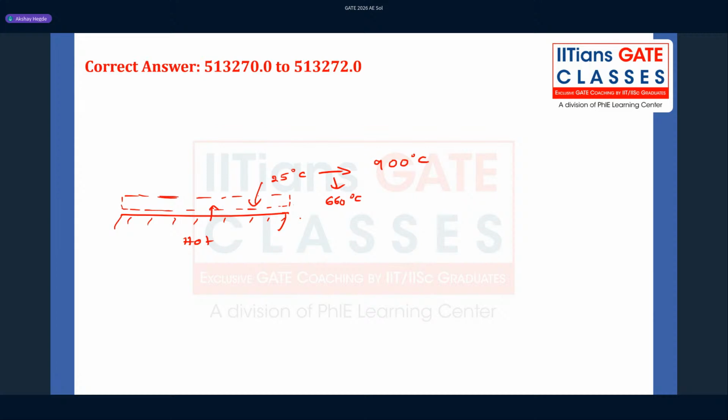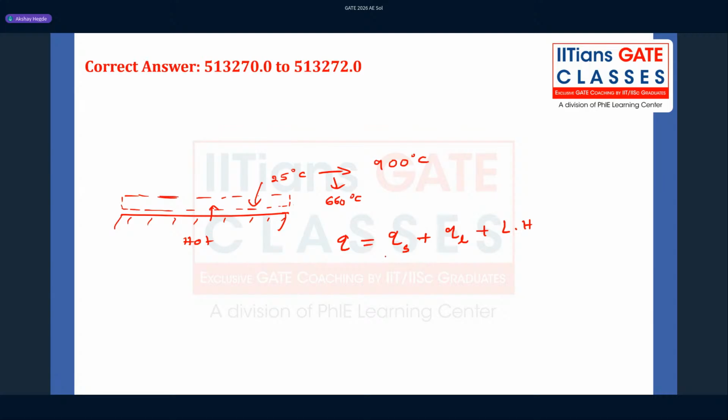The moment it melts, the phase of aluminum has changed. When the phase changes, my total heat transfer per unit mass of the system is going to be heat transfer in solid state plus heat transfer in liquid state plus the latent heat. There is a phase change, so we have to account for the latent heat transfer too.